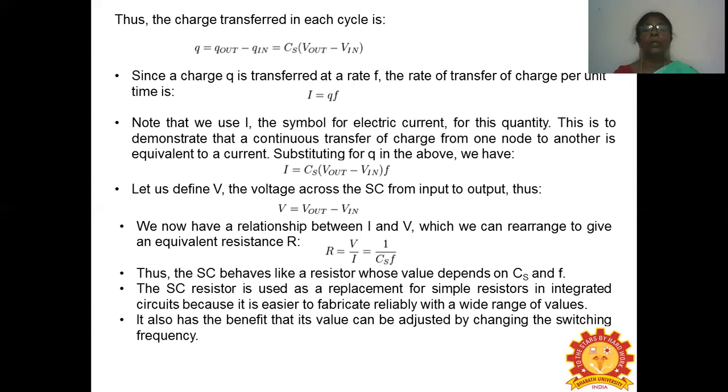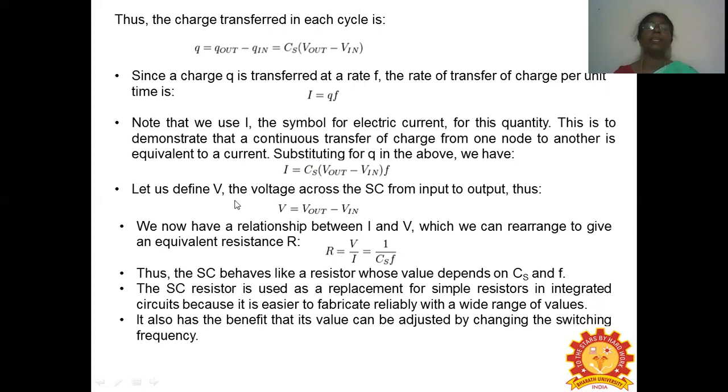Note that we use I, the symbol for electric current, for this quantity. This demonstrates that a continuous transfer of charge from one node to another is nothing but a current. Substituting the value of Q, we get the current equation I equals Cs times the output voltage minus input voltage, times F.